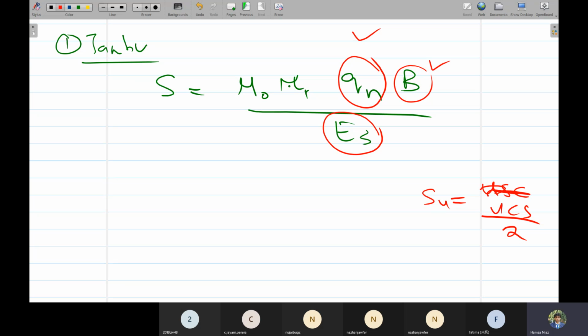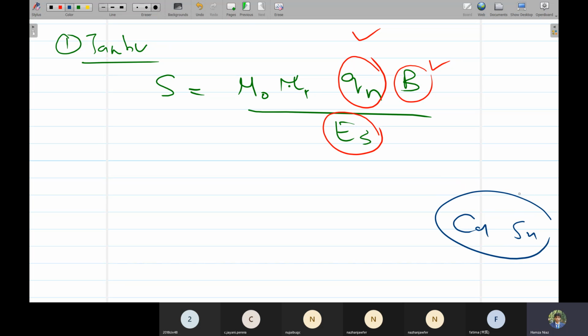If the unconfined compressive strength is given, simply divide by 2. Otherwise, Su or Cu is given, and Su, Cu, or C mean the same thing. Then we just have to find the mu naught and mu1 values.